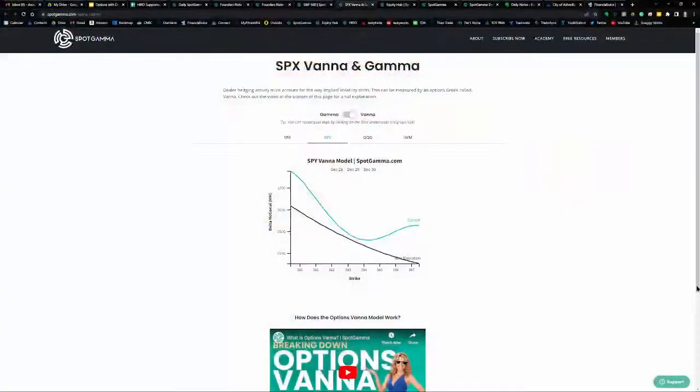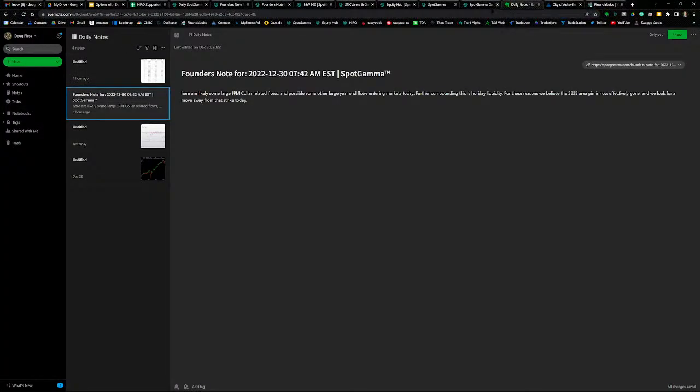This is from the SpotGamma AM Founders Note today, noting that they've been talking about this JP Morgan collar related flows all week, and other large year-end flows entering the market today, and further compounding that is holiday liquidity, and that's certainly what it looks like to me.